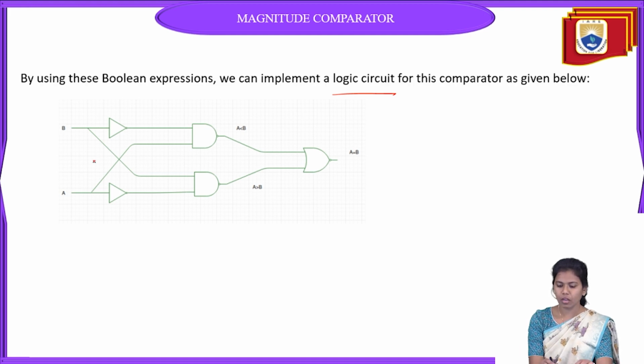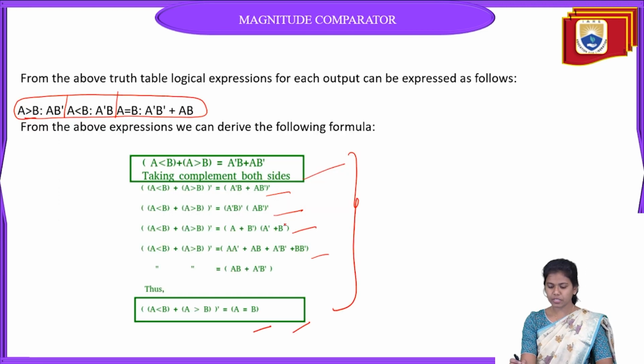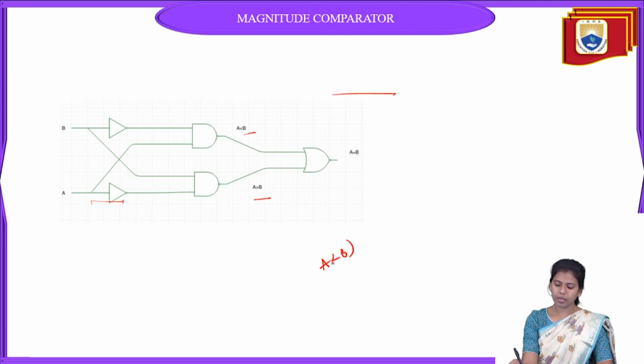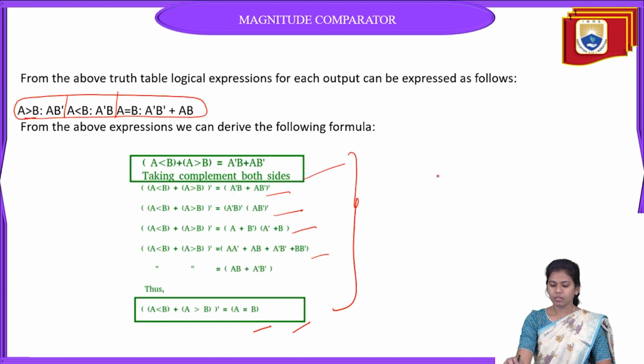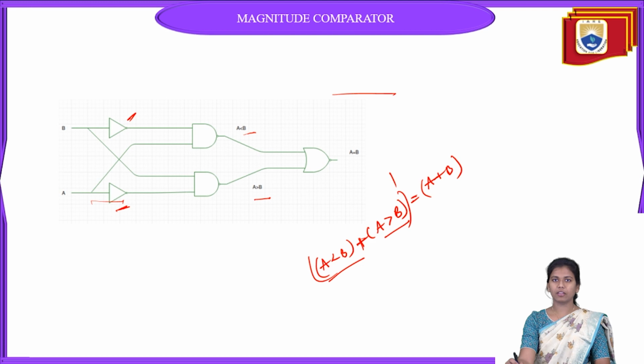With the logical circuit, inputs A and B, A bar goes here, giving A less than B, and this is for A greater than B. Finally we get the expression for A equals B: the complement of A less than B plus A greater than B. For A less than B we have a NOT gate, and for A greater than B we have a NOT gate, and the concatenation of both comes to a final OR gate. Okay, so this is all about the 1-bit magnitude comparator.